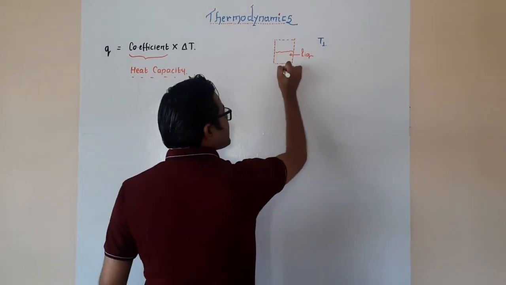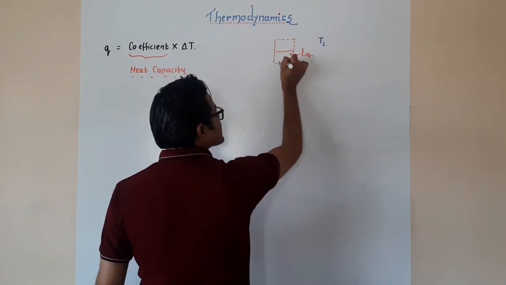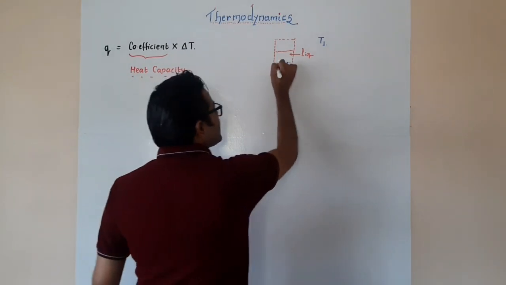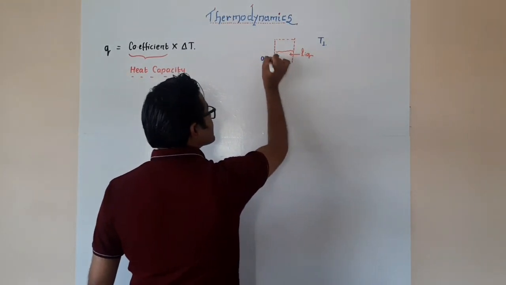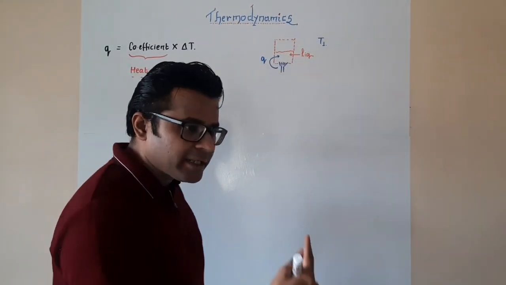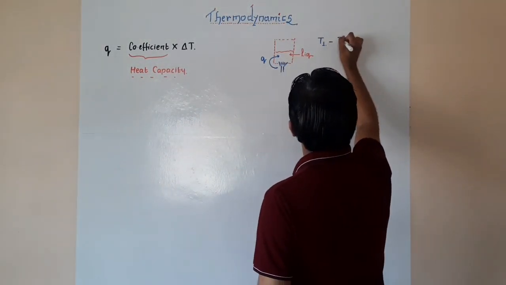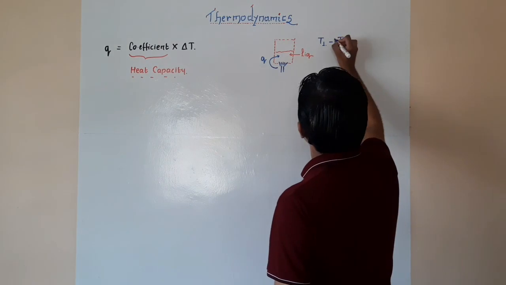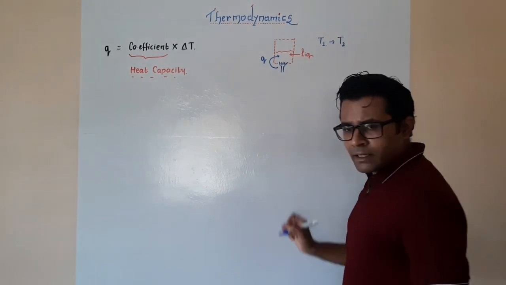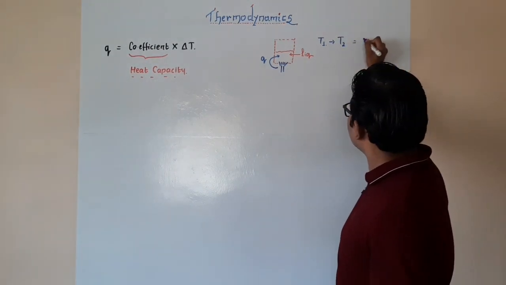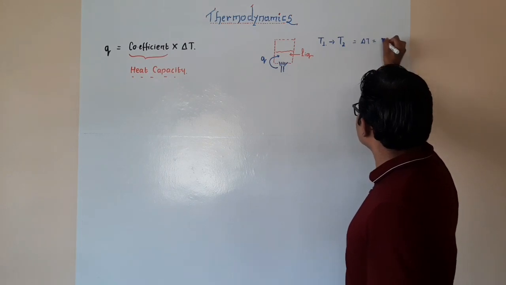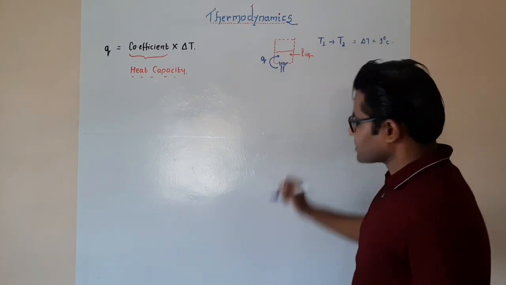Now I am going to supply heat energy to this system, only until it increases the temperature to T2, in such a way that the difference between the two temperatures is just 1 degree Celsius.